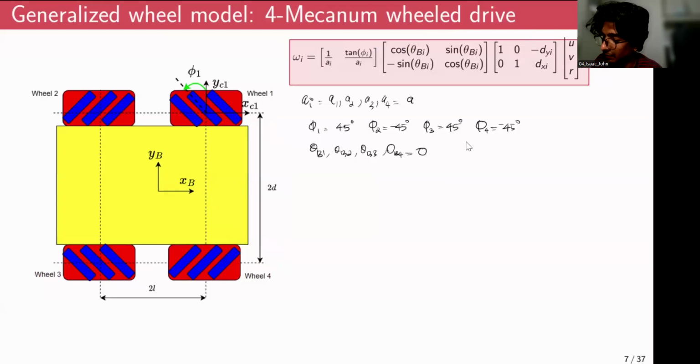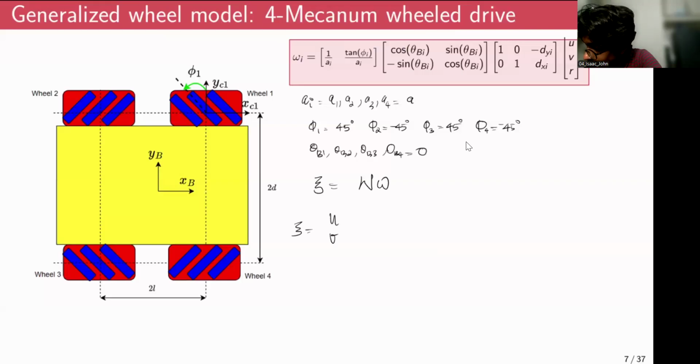Okay, so in this case, if you want to write this equation, zeta as a wheel configuration matrix multiplied by omega, where zeta is nothing but this UVR, and omega is nothing but omega 1, omega 2, omega 3, omega 4.